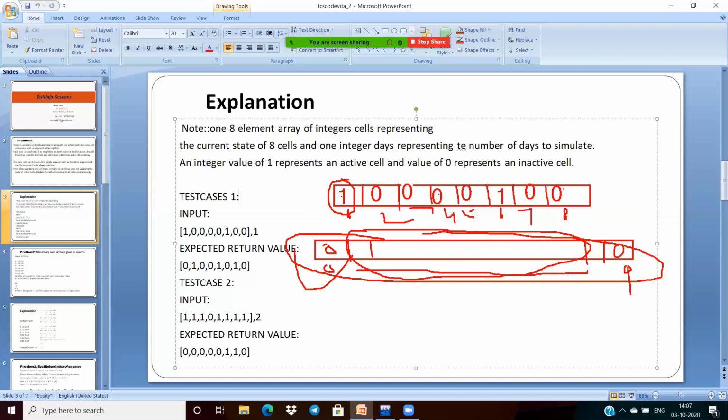Based on this array I can modify the cell values. So first I fill all the values: 0, 1, 0, 0, and next 0. This is my array.